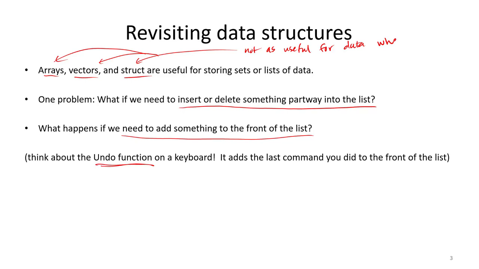I mean, we certainly can do insertion, but it's a little bit more effort because we'd have to write extra functions and extra code. So arrays, vectors, and structs are not necessarily as useful when we need to insert things in the front or middle of our list.